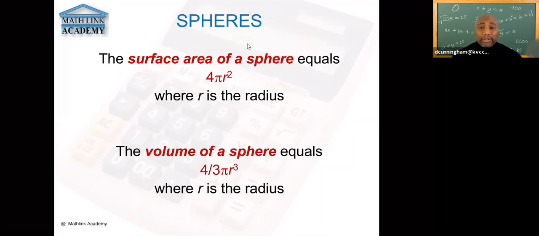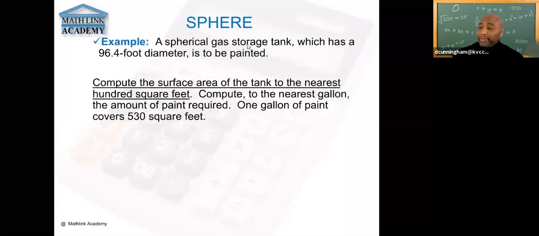So let's actually look how to do some problems that we have here. So this is an example. We have a spherical gas storage tank, which has a 96.4-foot diameter and is to be painted.